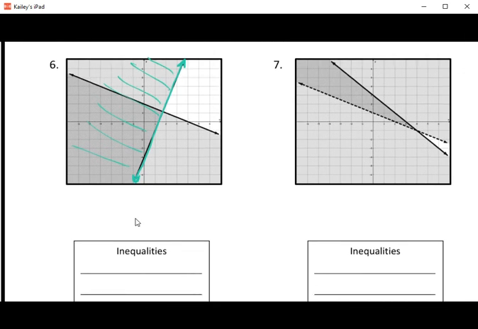All right, so to write the inequality, we're going to start with y, and then I need to think about the symbol. So I see a solid line that's been shaded above. The inequality symbol that goes with that would be greater than or equal to.